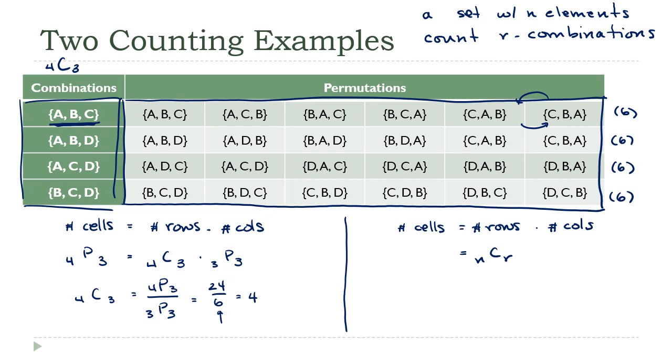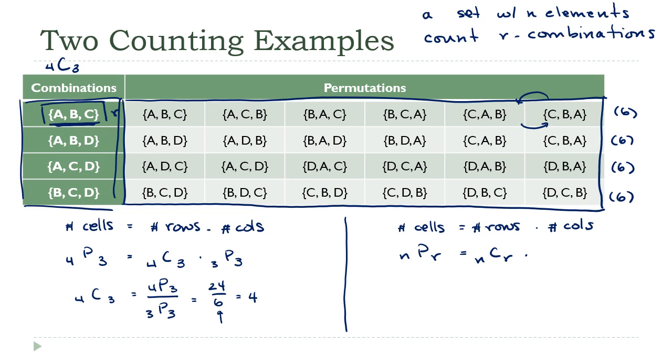How many cells are there? Well, again, those are the total number of r permutations of a set of n elements. So this is going to be nPr. And how many columns do we have? Well, each of these individual combinations has r elements in it because those are the size of the subsets that we're looking at.